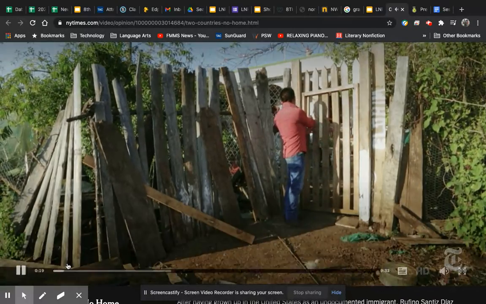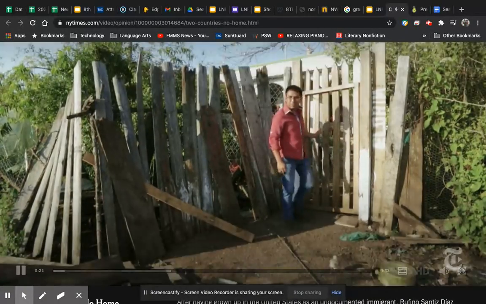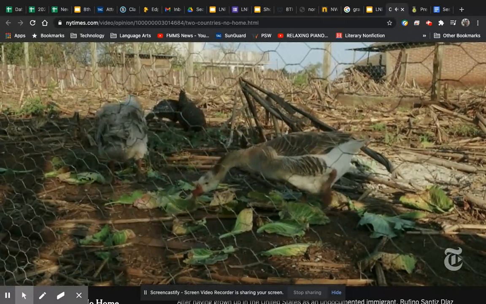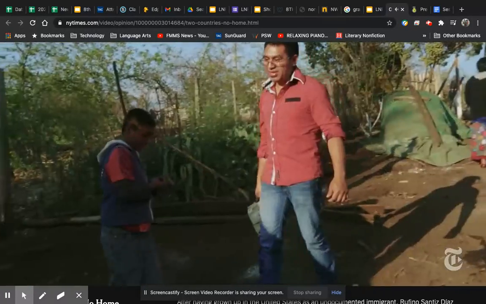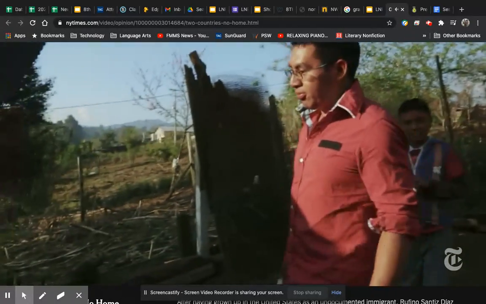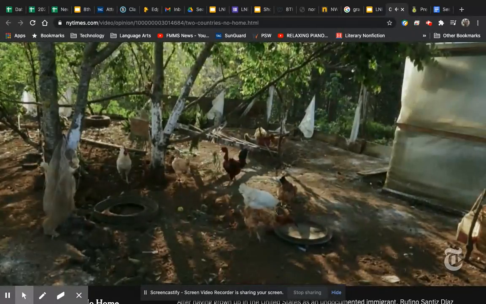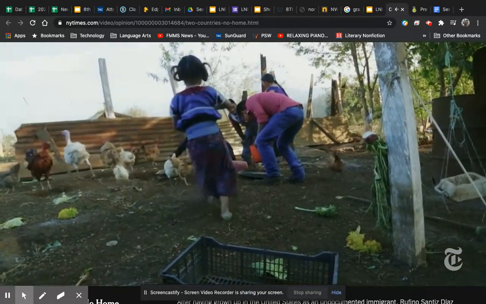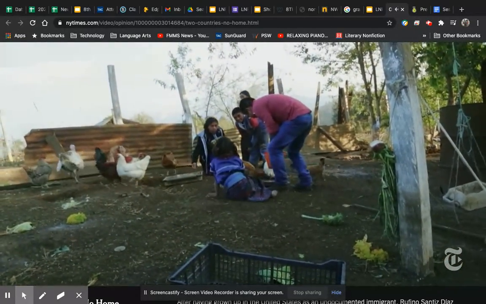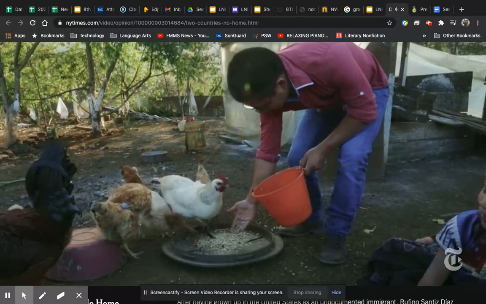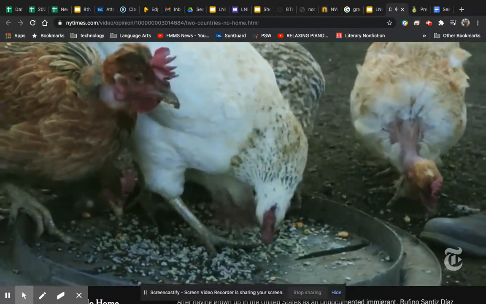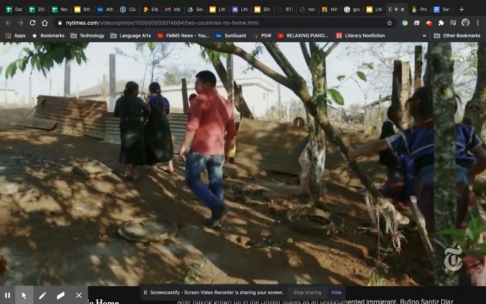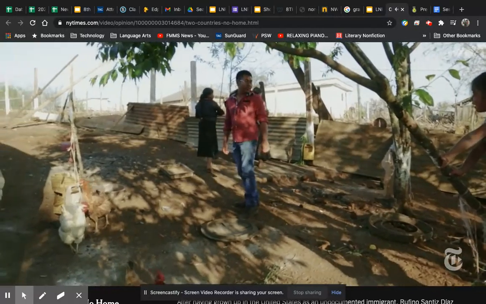My name is Rufino Santis Diaz, and I am 24 years old. I was born in this community called Custon in Chiapas, Mexico. And I was 5 years old when I left to go to the U.S. I finished high school, but then I couldn't get into college in the U.S. because I don't have any papers or legal documents.